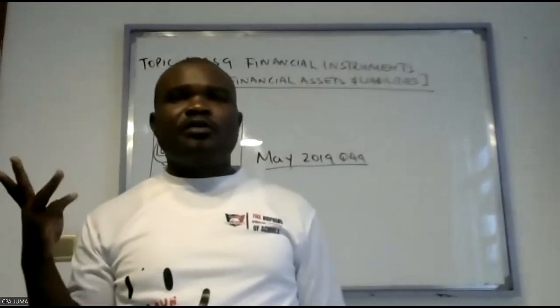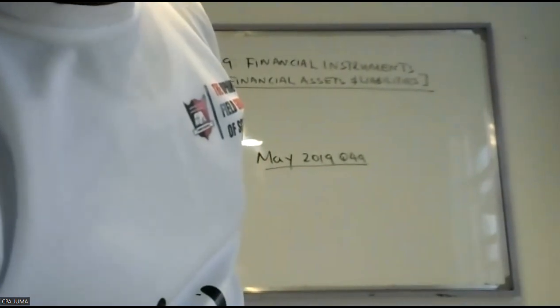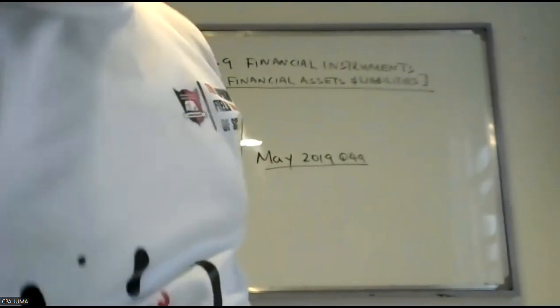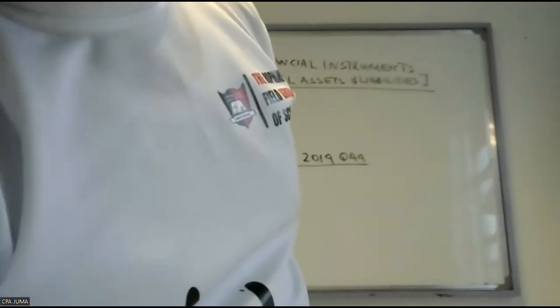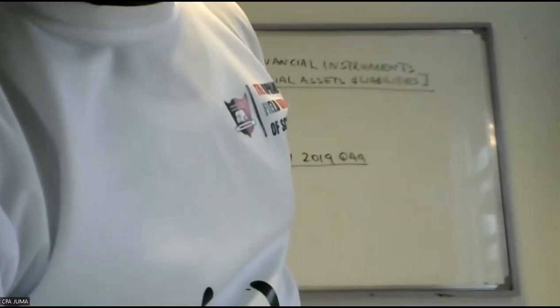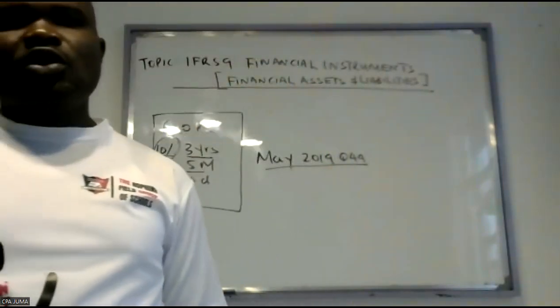We used to have 4 classes of financial instruments: the receivables, the held to maturity, among others. But with the new standard, IFRS 9, financial instruments are classified into only 2 categories. That is what you need to know.